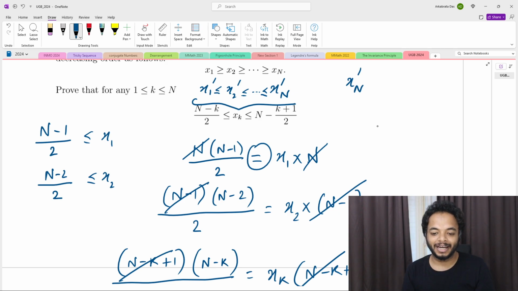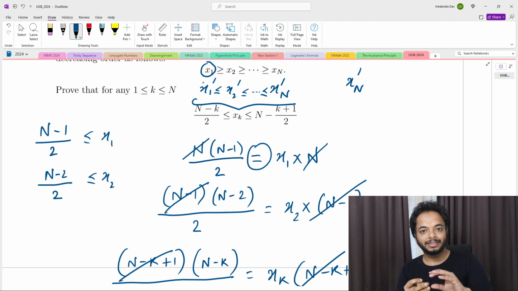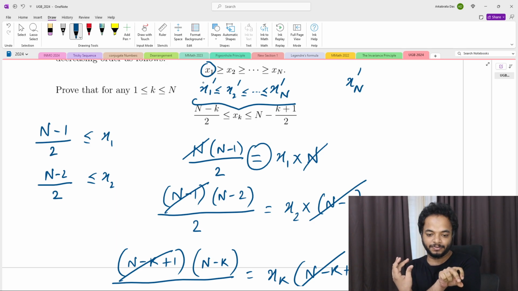Try to understand that it's just the same as what was happening with x1. For team 1, its number of wins is x1, and we know the minimum possibility and the maximum possibility of x1.